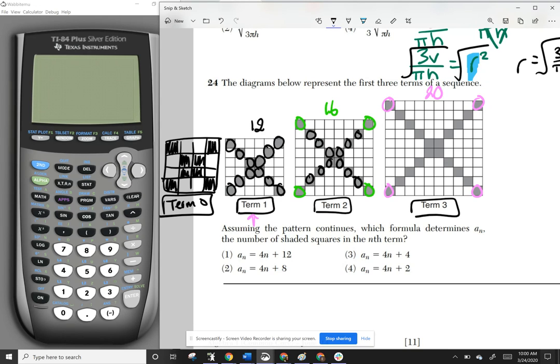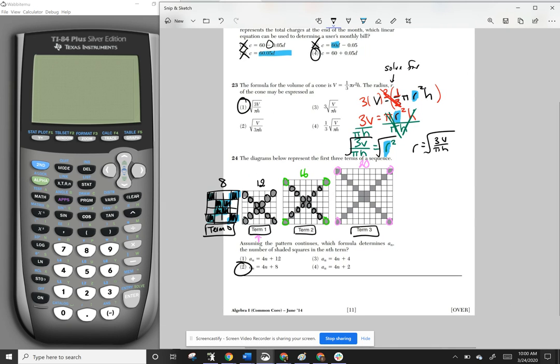Look at that. Meaning there's going to be 1, 2, 3, 4, 5, 6, 7, 8. Or just 4 less than term 1. So it's actually going to be 2 because there are 8 shaded in term 0. Okay, and that is questions 13 through 24 on the June 2014 Regents.